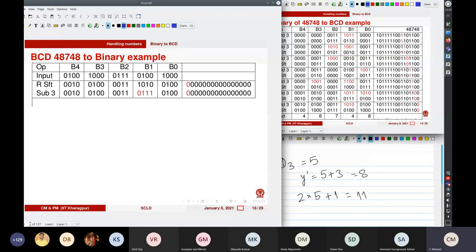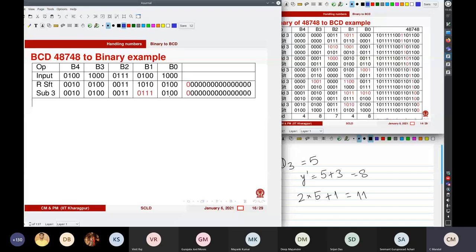Whenever the value was greater than or equal to 5, you added 3. So now, whenever the value is greater than or equal to 8, you are going to subtract 3, and then you carry on this process. So it is just the reverse process.